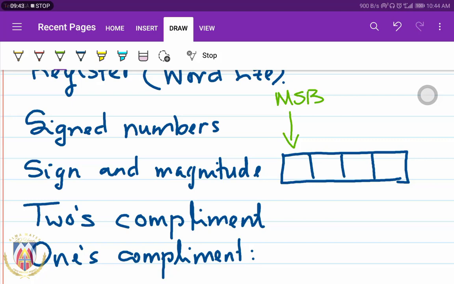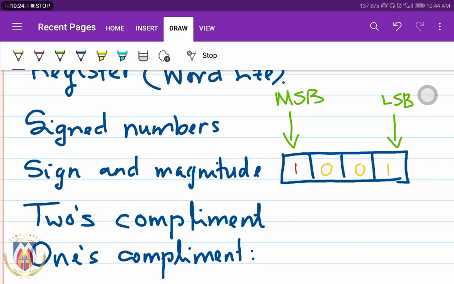If it is a 16-bit register, the leftmost bit will be the most significant, and this one is the least significant bit, the LSB. Now, the single most significant bit is going to hold the sign. For example, for positive it would be 1, then the rest will be holding the number itself, the magnitude of the number. So 1001 means the most significant one is positive, then the 001 is the magnitude of the number.